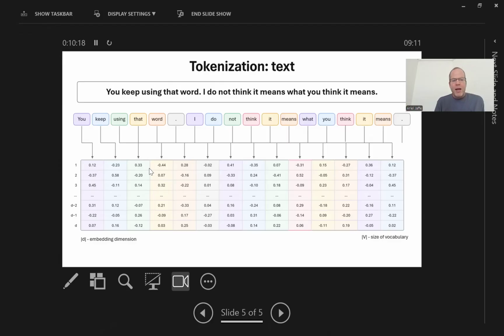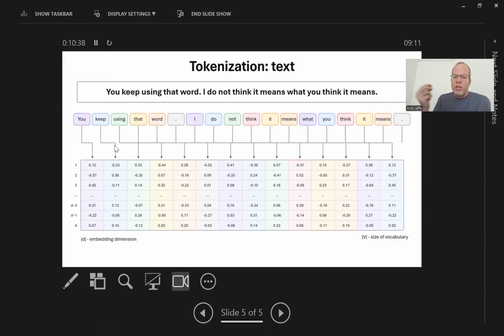And the main idea is that the embedding, or the vector representation, for each word is a single column of this matrix. For example, if you have a sentence with repeated words, for example the word think appears twice in this sentence, it is the same token.